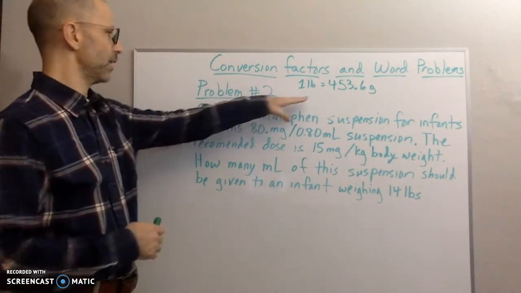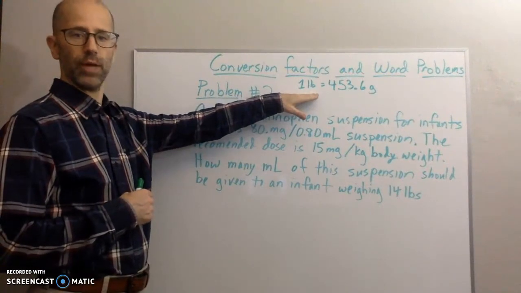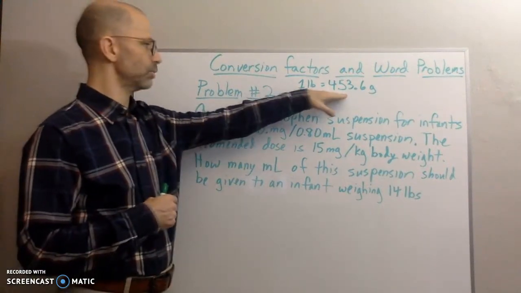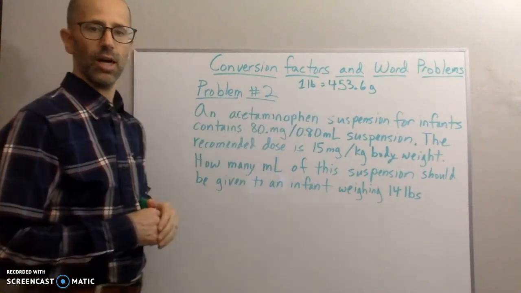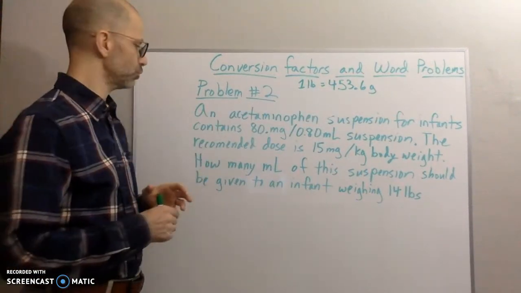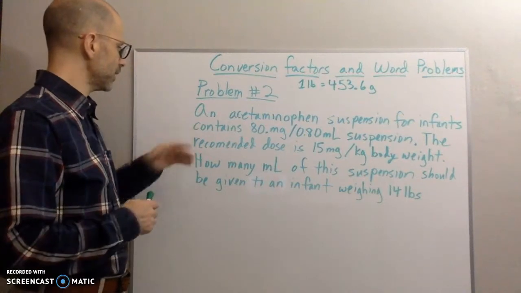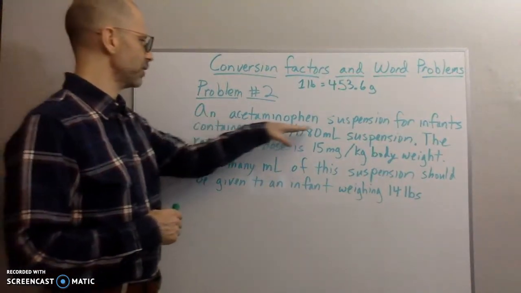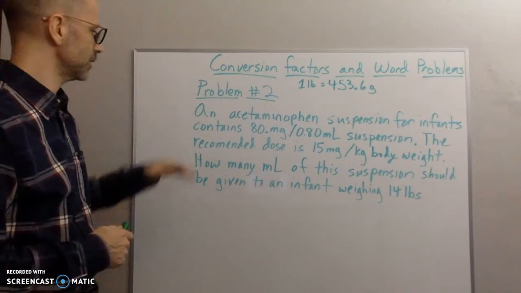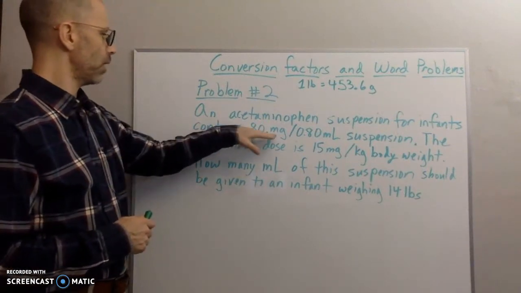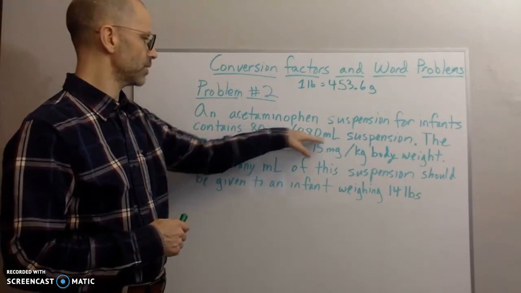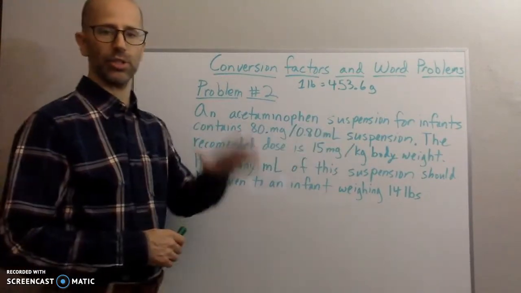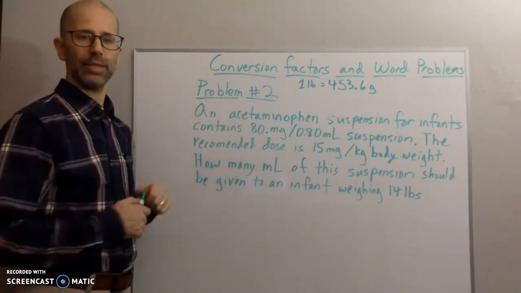They give you an equality already. 1 pound is equal to 453.6 grams. So that's going to be a conversion factor that's going to be useful. It says that an acetaminophen suspension for infants contains 80 milligrams per 0.80 milliliters of suspension. Okay, stop there. That is a relationship.